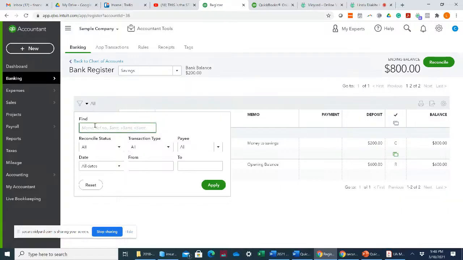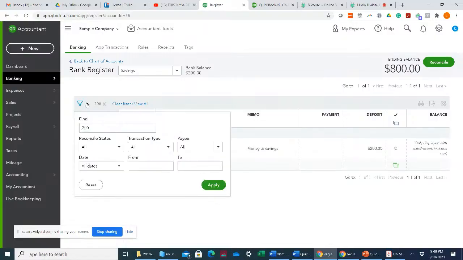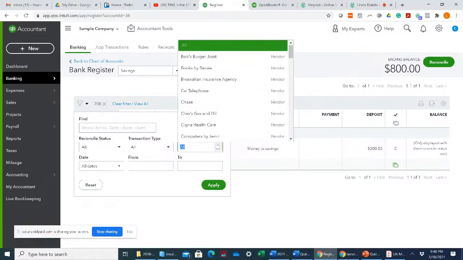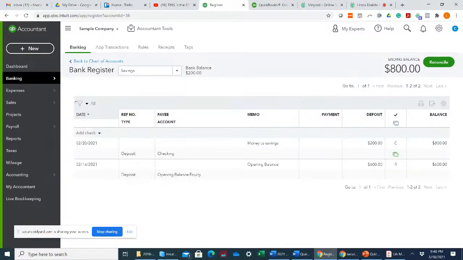You can just type in, okay, I want to see all the transactions at 200, and it'll bring up all the transactions that had a $200 amount. You can look up all the transactions that have been uncleared or reconciled. You can look up by payee. So this is a good way to figure out what is possibly going on.